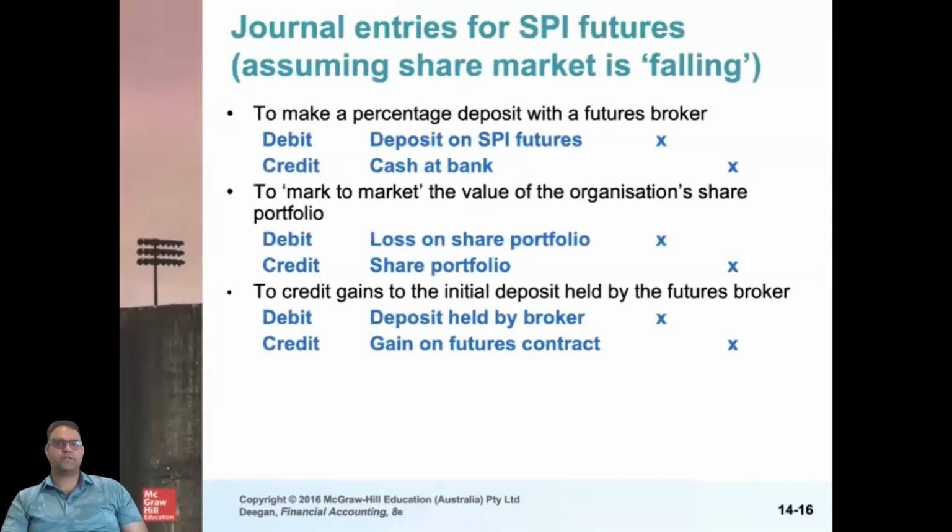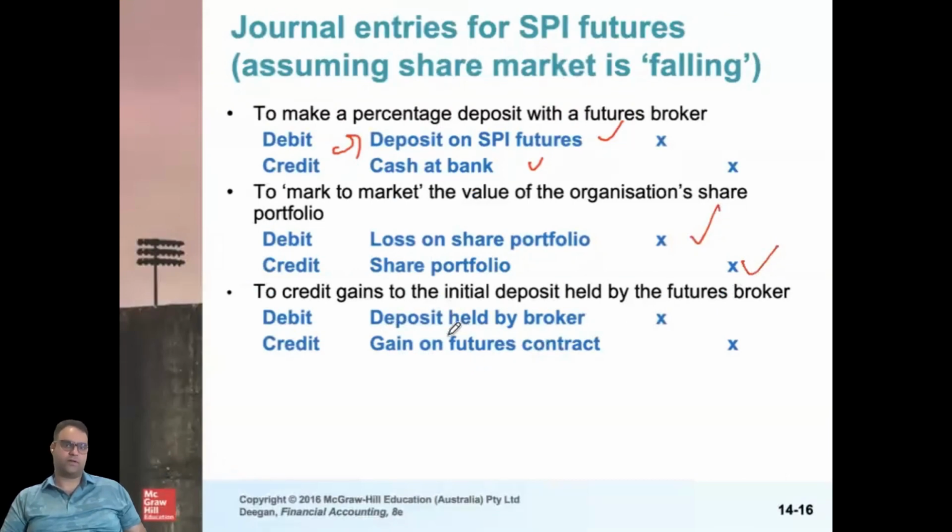So what are the general entries here? I will just write down the general entries. Normally the questions will be done in the class. First of all, you debit the futures and credit the cash. So you put some deposit into the futures. Afterwards, if there is a loss, the loss will be debited and the share portfolio will be credited.